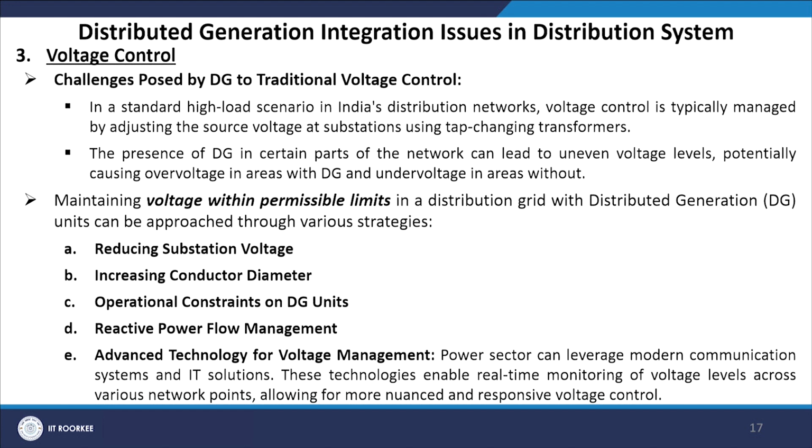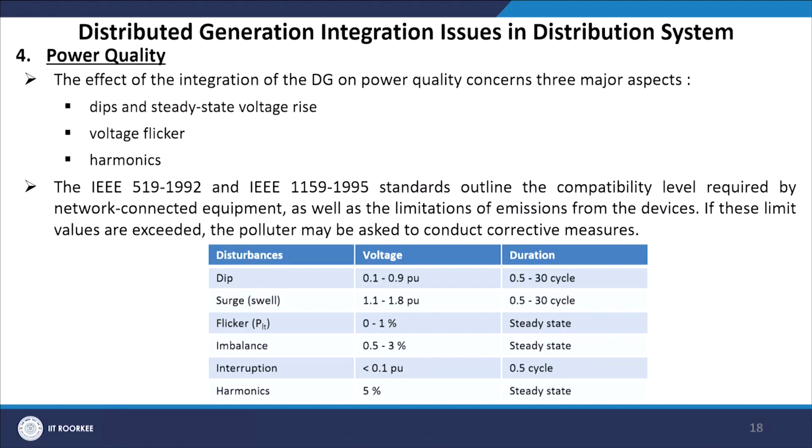responsive voltage controls. There is one interesting issue, that is power quality, because whenever you integrate your distribution system with distributed generation, you are forced to experience power quality challenges. The effect of the integration of the DG on power quality concerns three major aspects. First one, dip and steady state voltage rise.